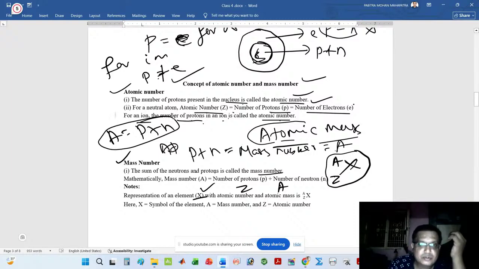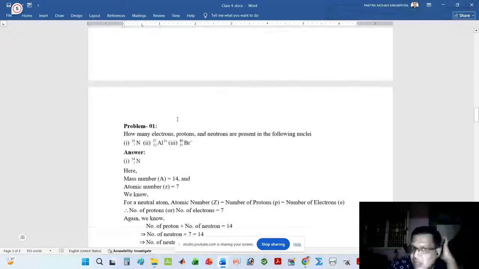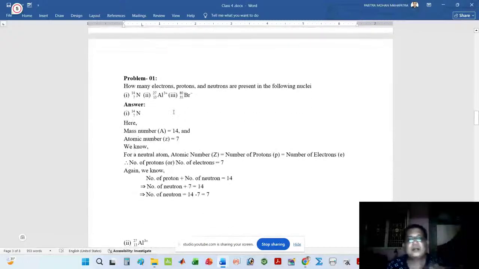Now move to some problems related to atomic number and mass number. Problem number one: how many electrons, protons, and neutrons are present in the following nuclei? Here N-14 with atomic number 7, Al 3+ with mass number 27 and atomic number 13, Br minus with atomic number 35 and mass number 80.